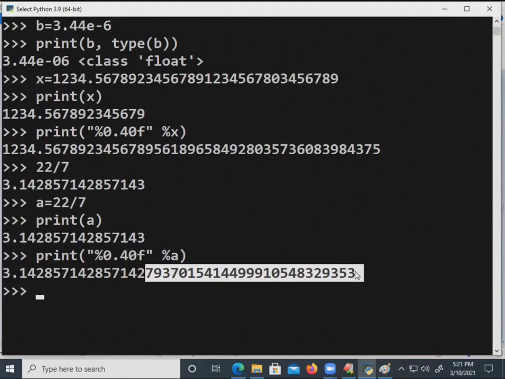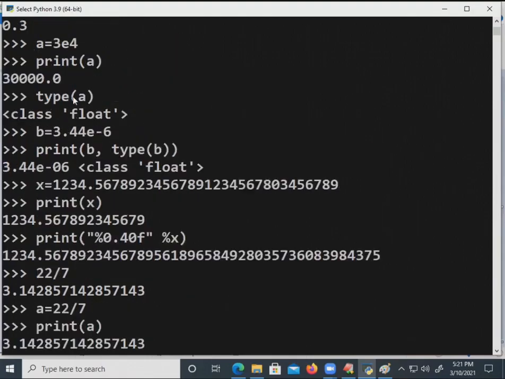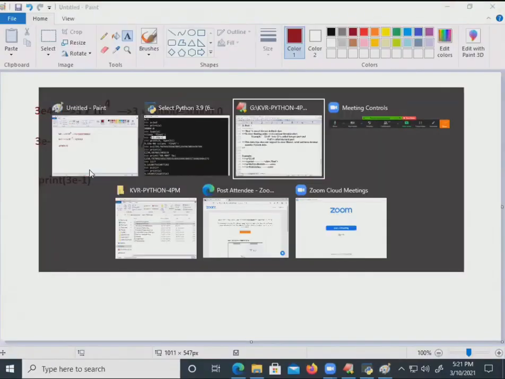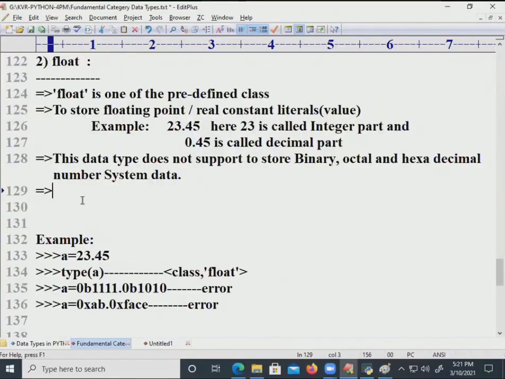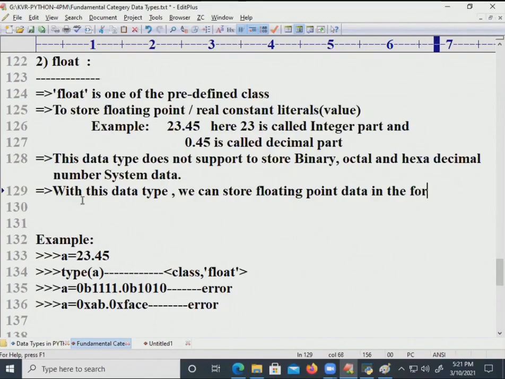Are you okay? So at this moment you understand only one thing. With the floating point data type, we can represent scientific notation. So coming back to the point, this point I want to write. With this data type, we can store scientific data, floating point data, in the form of scientific notation.